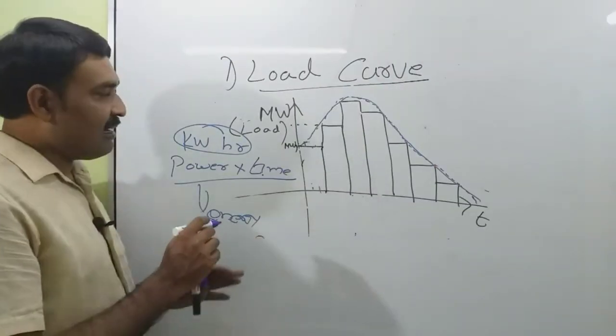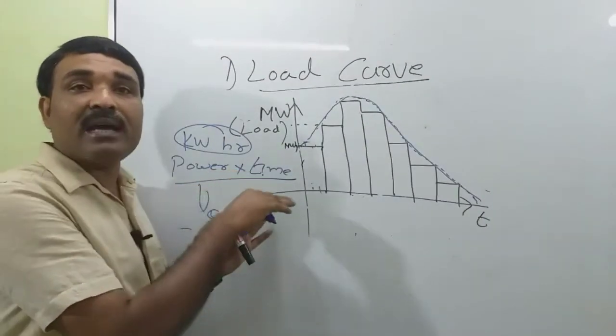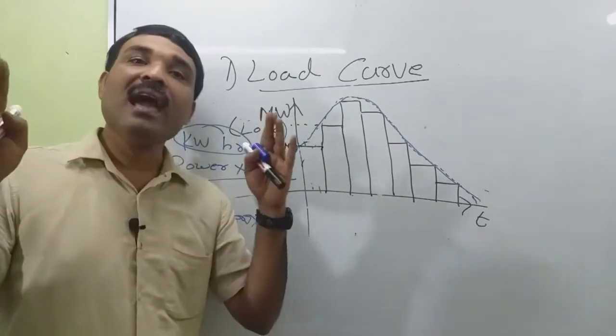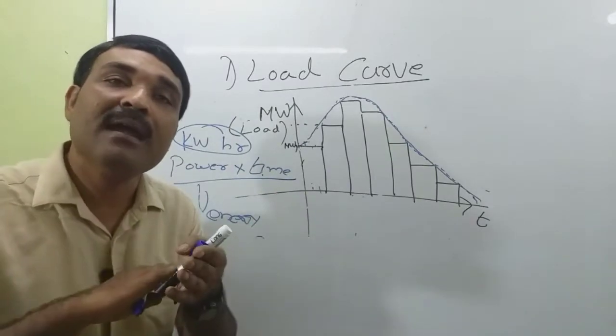Energy generated is equal to load into time. So average load can be calculated by actual energy generated divided by time.